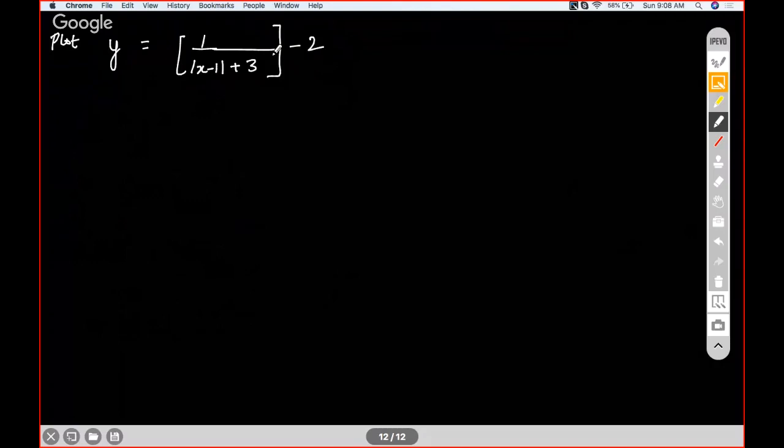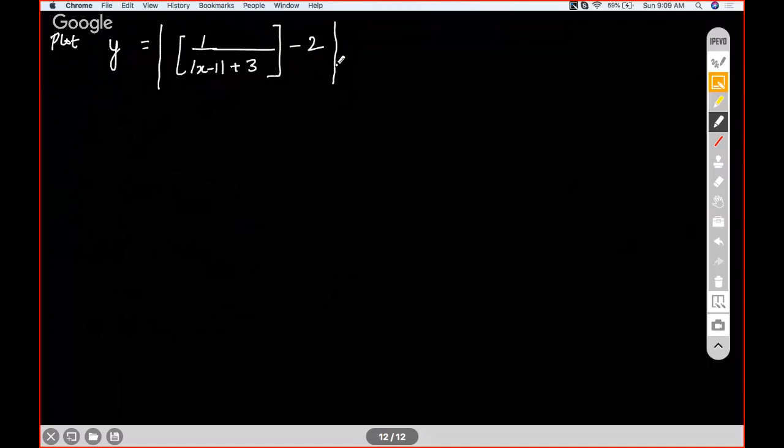Let me just put this entire thing under mod. Whole thing under mod, yeah.